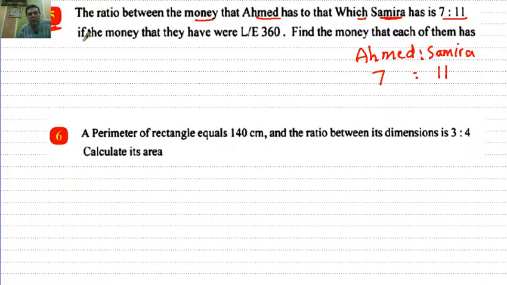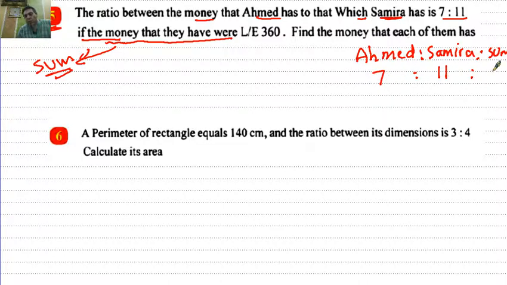After that, the money that they have means sum. The sum in ratio is 7 plus 11 equals 18. The sum in money equals 360.